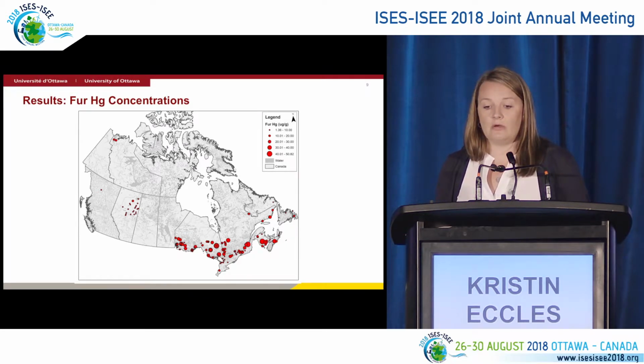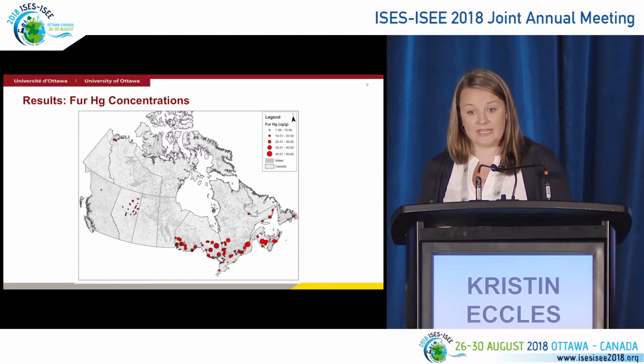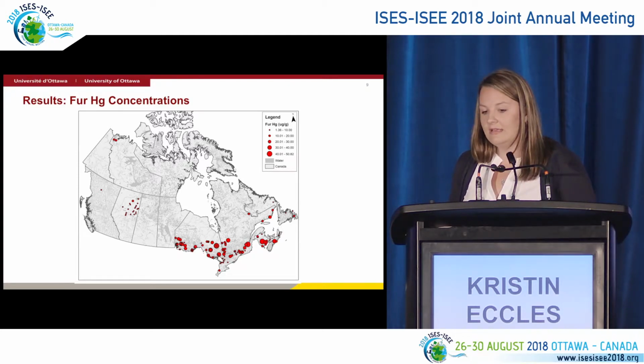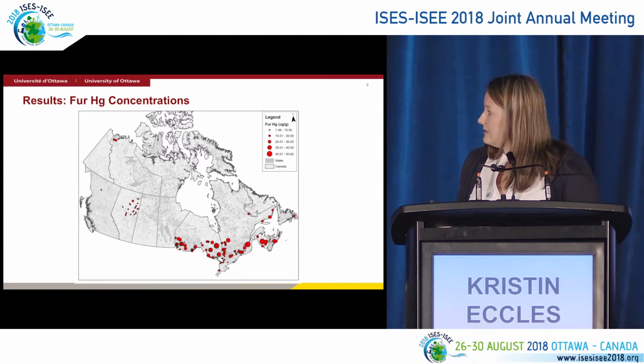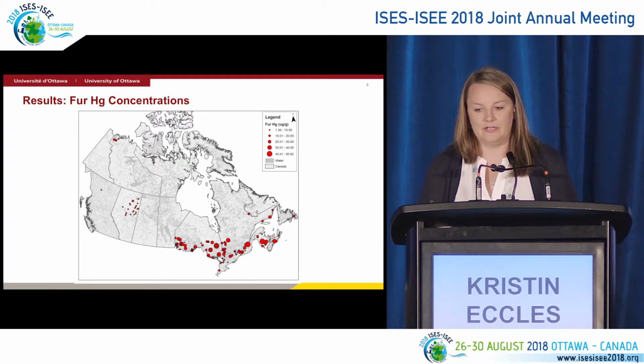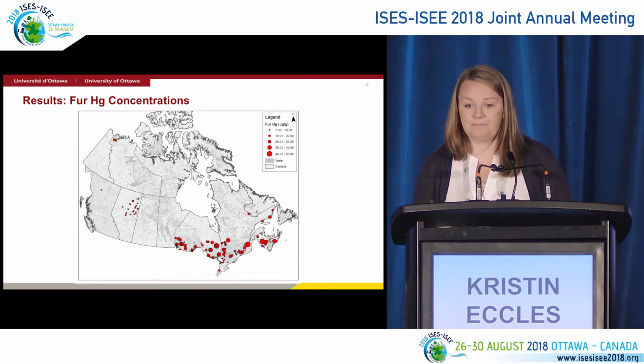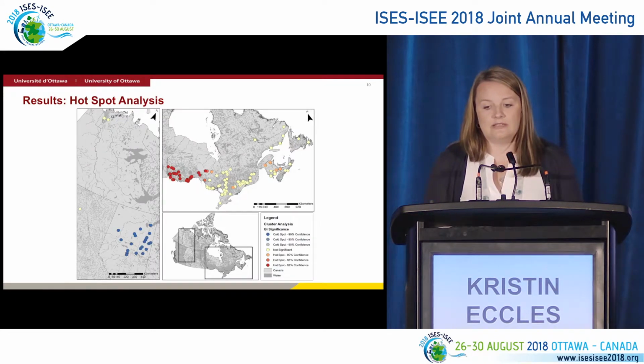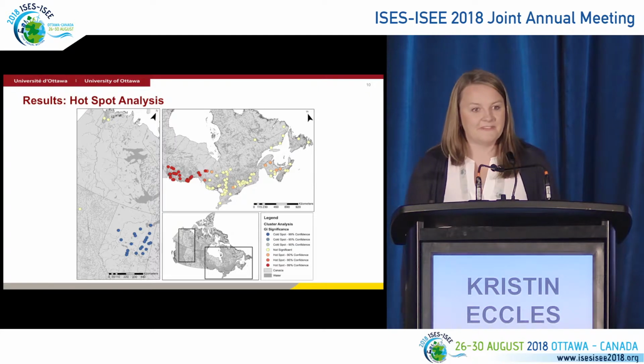We have very low concentrations in Western Canada, particularly Alberta. And then as we move east, we see much larger concentrations, particularly in Northern Ontario and Nova Scotia and New Brunswick. So the hotspot analysis kind of confirms our visual assessment.